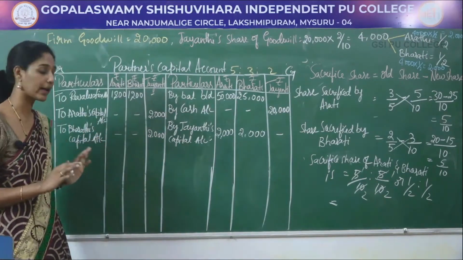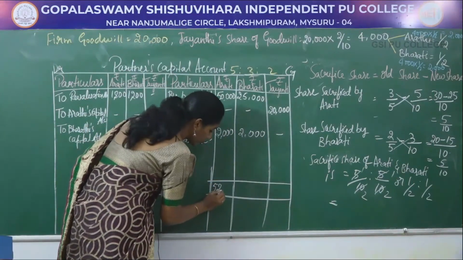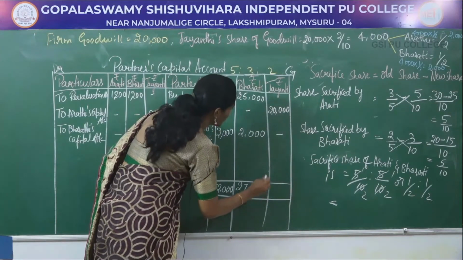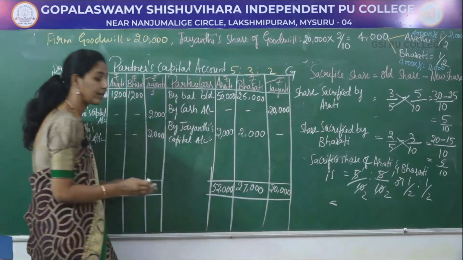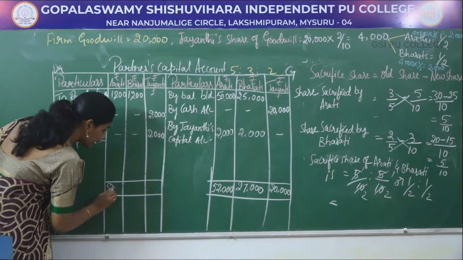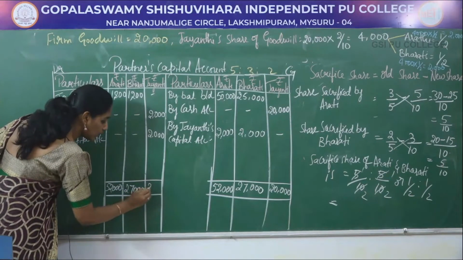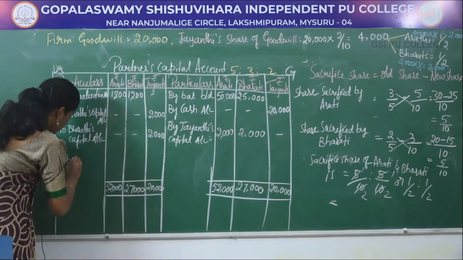So now balance this account. When you add Arati's column, you will get 52,000 and Bharati's column 27,000. Next Jayanti's column 20,000, and write the same total of the credit side on the debit side: 52,000, 27,000 and 20,000. So now you can balance this account.